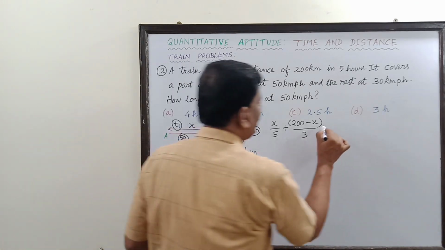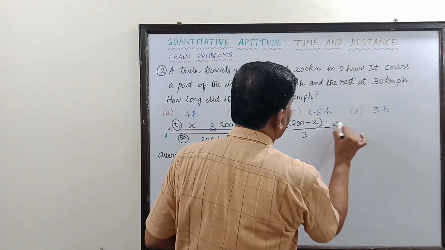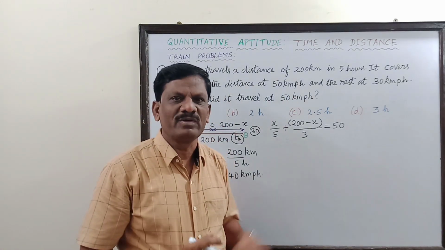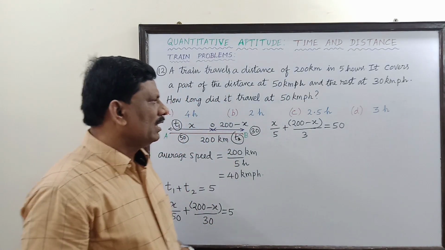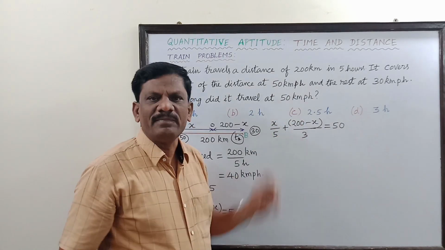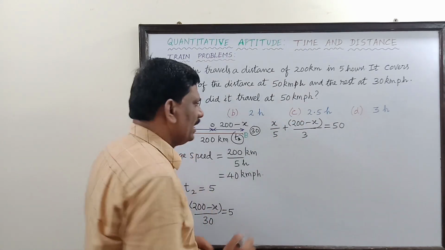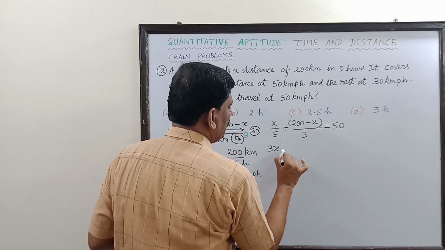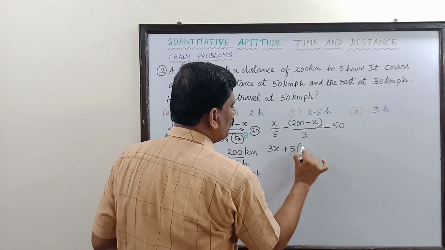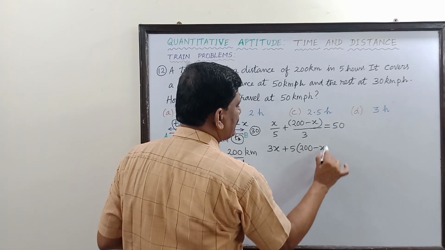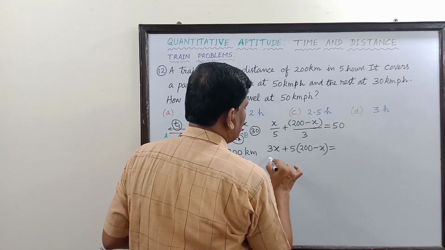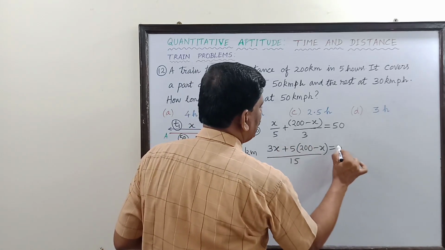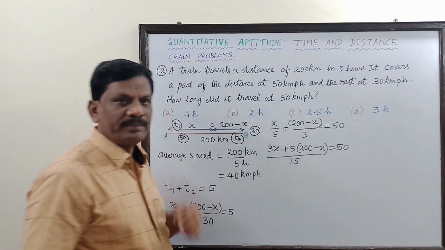So the right hand side, if I multiply by 10, will become 50. Are you understanding this mathematical step? Now, I will cross multiply. So 3 into x is 3x plus 5 into 200 minus x, divided by 15, is it not? 5 3s are 15, equal to 50.